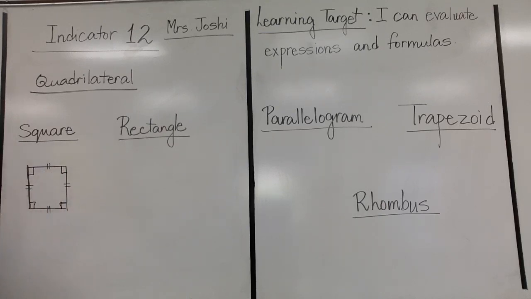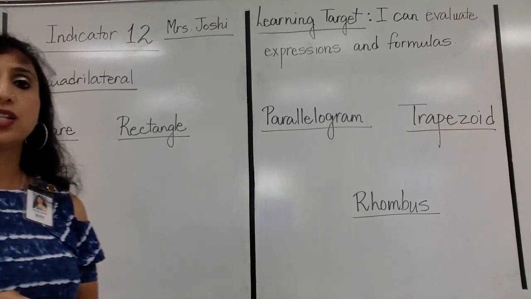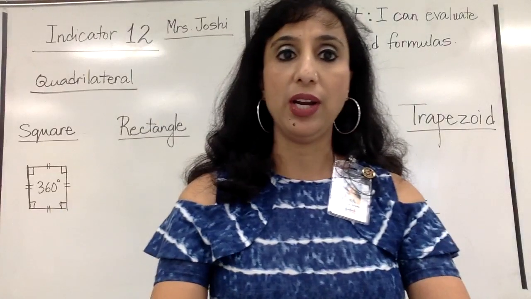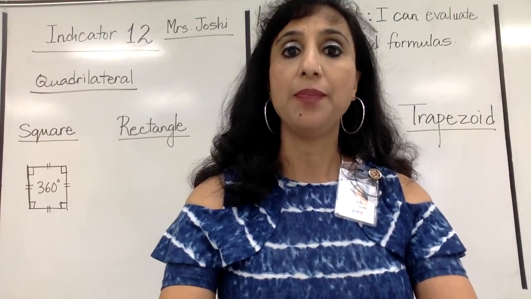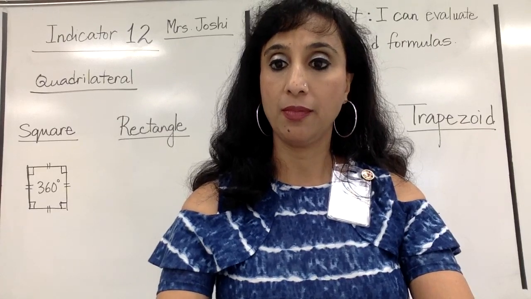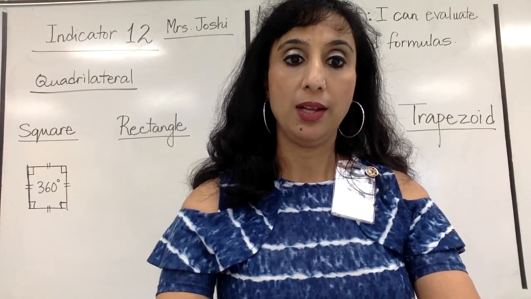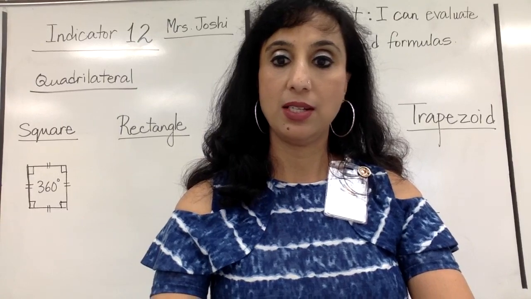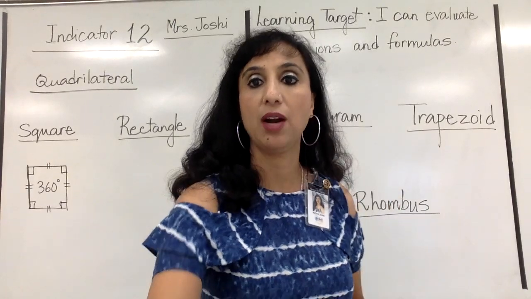So the internal angle of any quadrilateral is always going to be, remember the triangle was 180, so this will be 180 times 2, which is 360 degrees, because 90 plus 90 plus 90 plus 90, or 90 times 4, is going to give me 360. Okay? All right, I can't even see the video. There we go. All right.